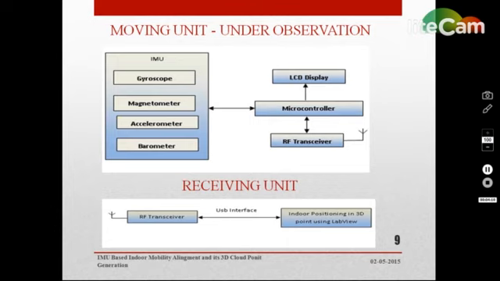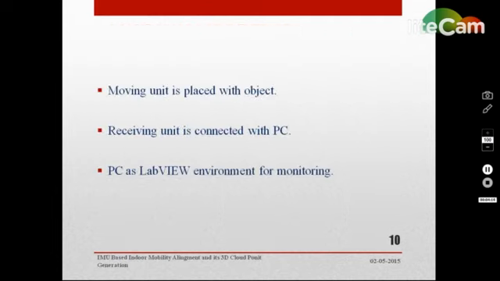In the receiver unit, we have used a USB interface between a PC and the receiver unit. The moving unit is placed on the object. The receiver unit is connected with a PC. The PC is the LabVIEW environment for monitoring.